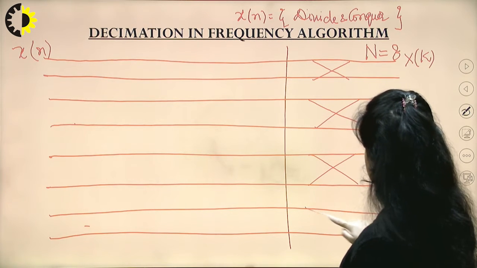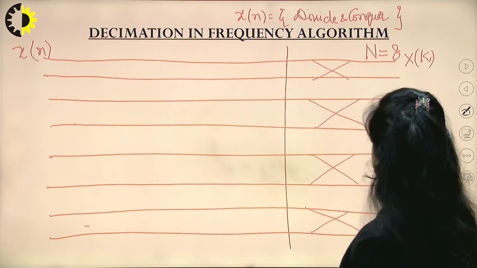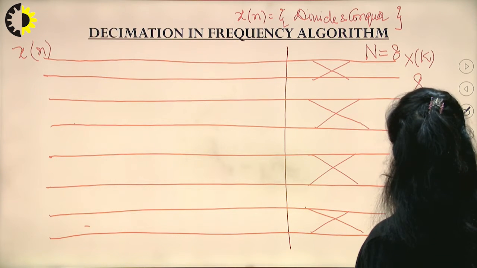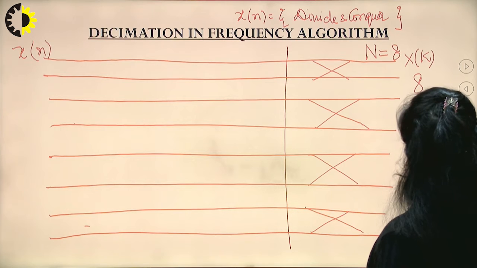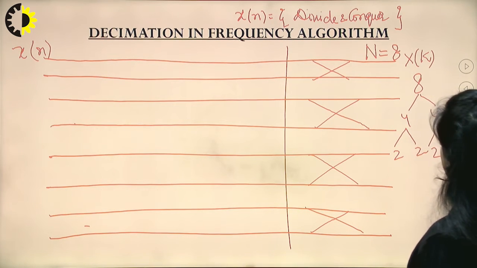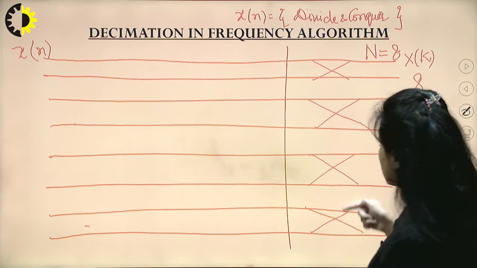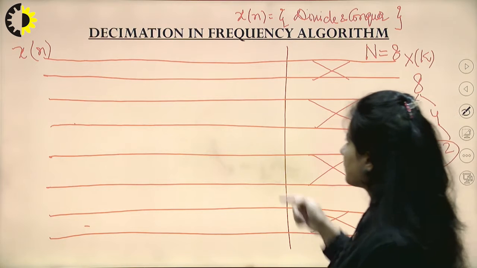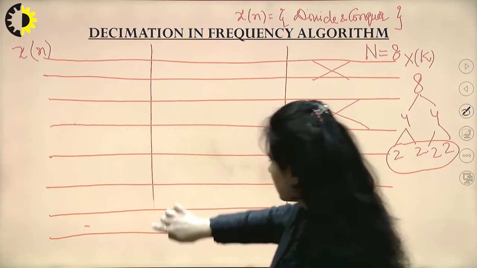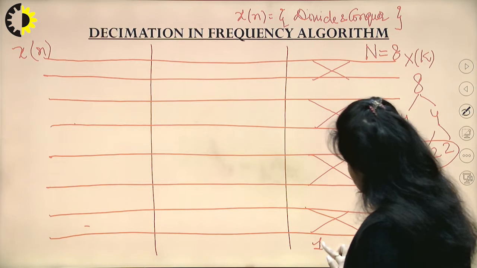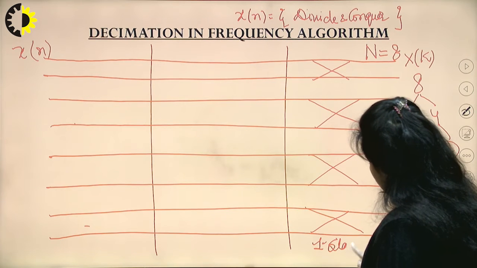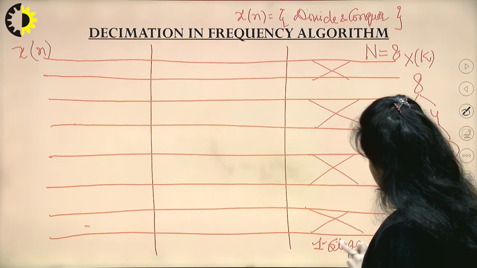That means I'll be considering N by 4 samples. If it is 8, then 4 and 4, and then 2 and 2 samples. So I'll start plotting the graph from the lowermost stage and would cross up these 2 sets of input samples. That is my first stage in the case of the DIF algorithm.